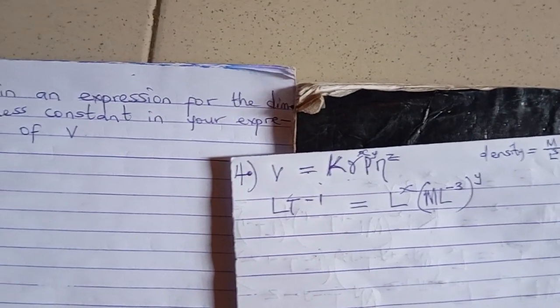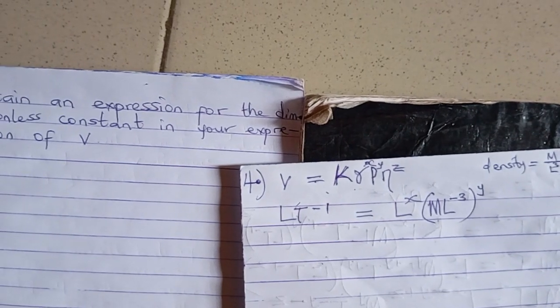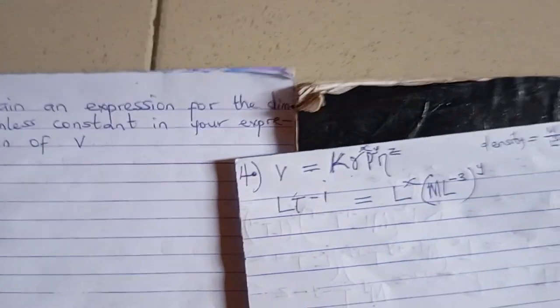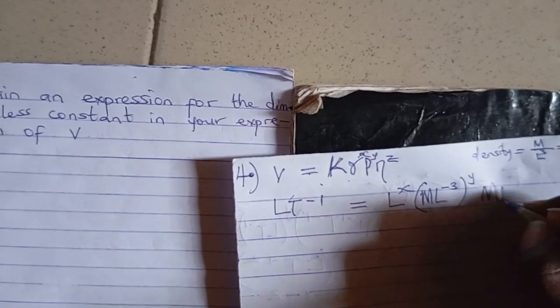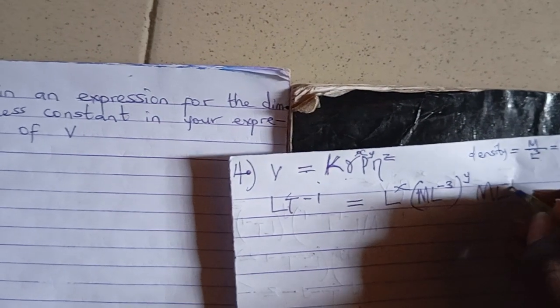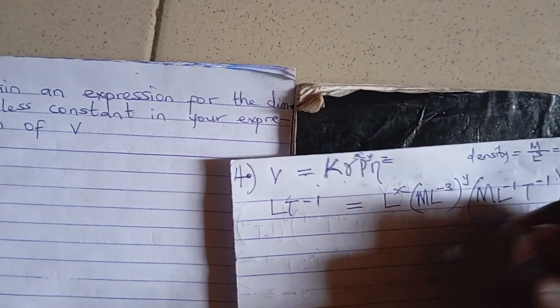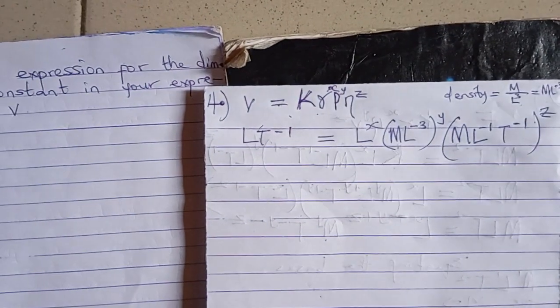Viscosity, from our previous calculation, make sure you go back and check our video on viscosity, is M L minus 1 T minus 1, all raised to power z. That is viscosity for you.